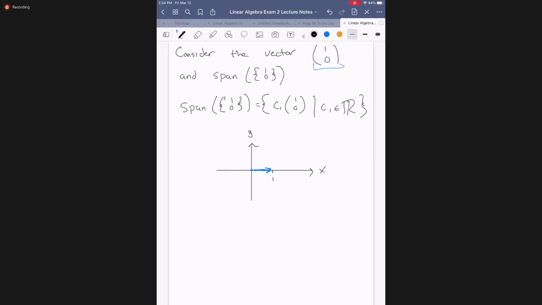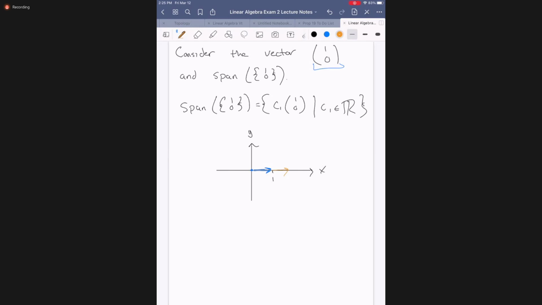What would happen to the vector in the picture? Yeah, it would be twice as long, like this now. And if I multiply by -2, it'll just point the other direction, right?